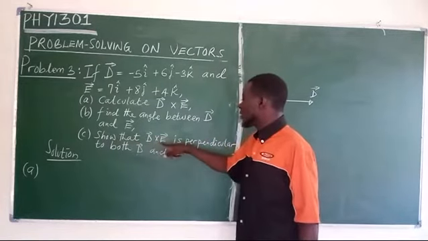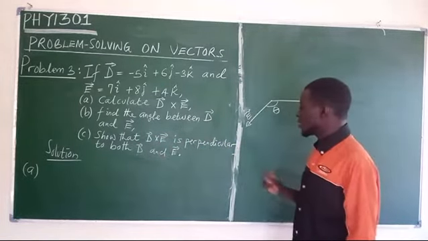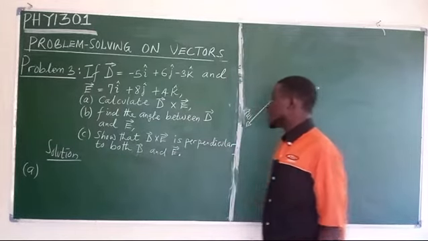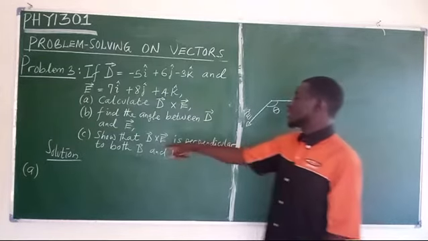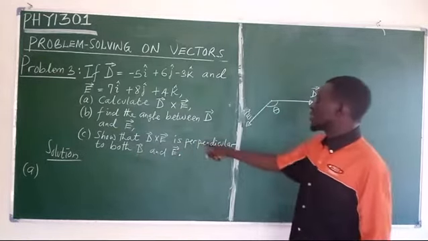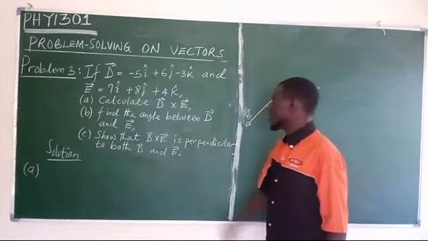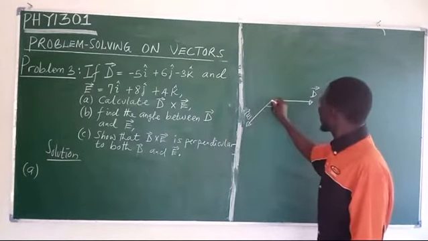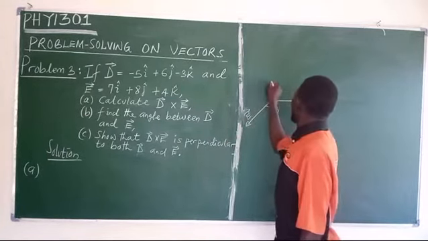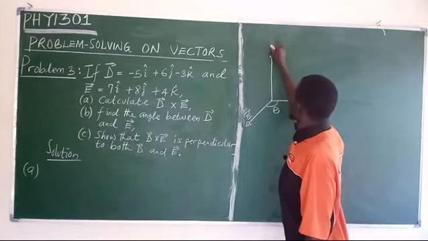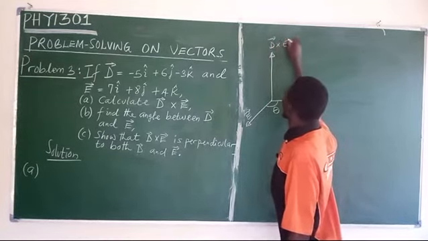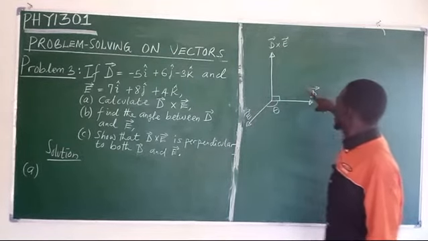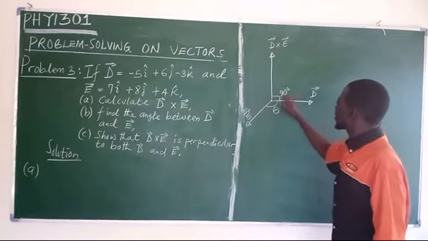C, show that D cross E, this vector D cross vector E, is perpendicular to both D and E, meaning it makes angle 90 degrees with D, and it also makes angle 90 degrees with E. So this means that this vector probably is somewhere up here, such that this is D cross E, such that the angle between D cross E and D is 90 degrees here.